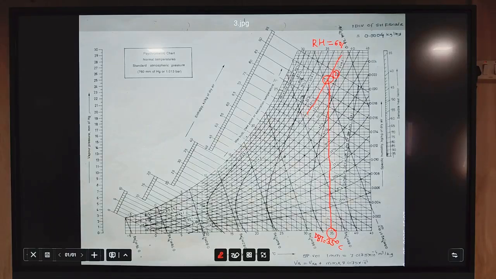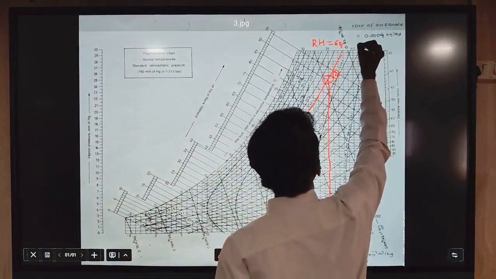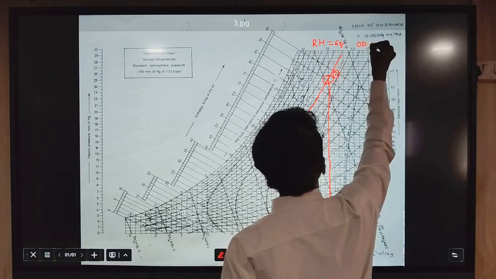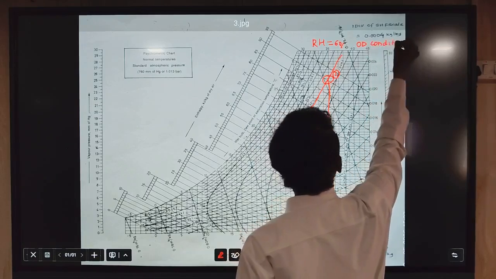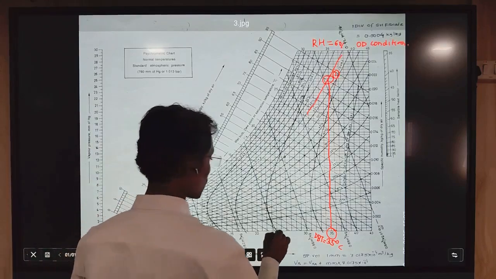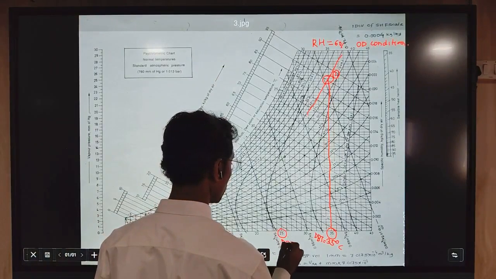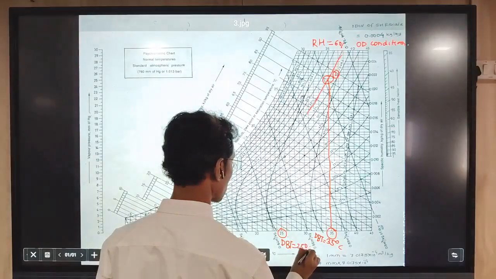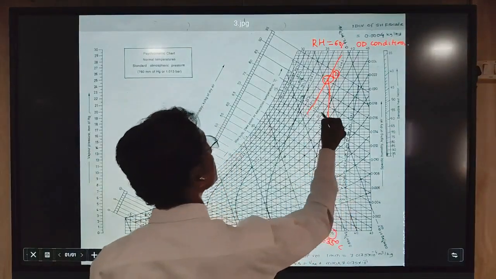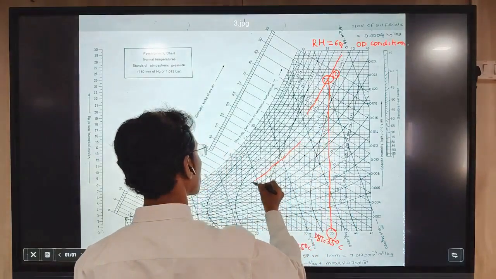Second point is the indoor condition. This is the outdoor condition, OD. The indoor condition will be located with the help of properties: here 25 degrees Celsius dry bulb temperature is given, so this is the 25 degrees Celsius line, and relative humidity is 50%. So this is the 50% line, and we have to take this line into consideration.